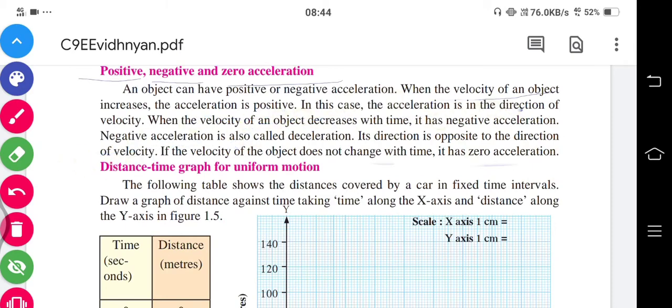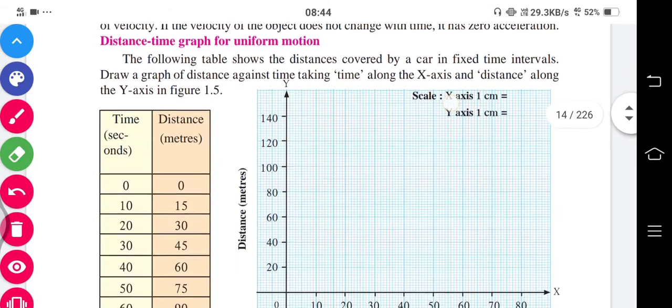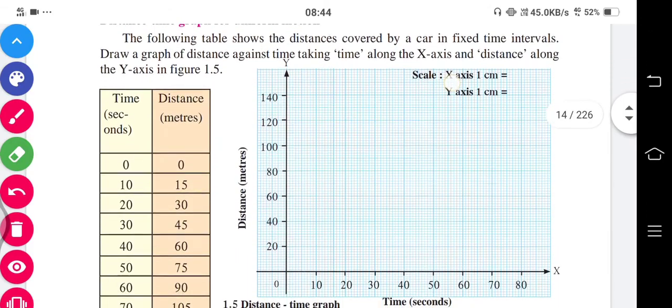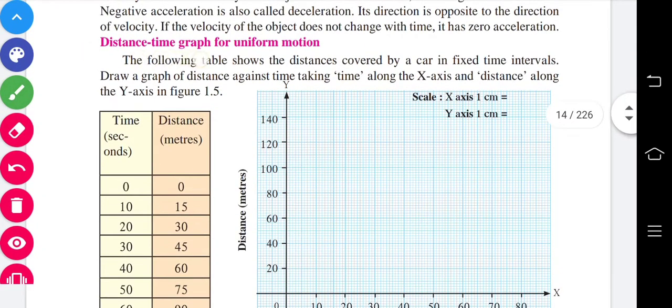Distance time graph for what? Uniform motion. Uniform motion means equal distance is covered in equal intervals of time. So here is the time distance graph for uniform motion.